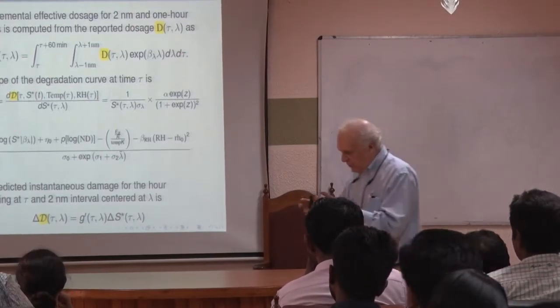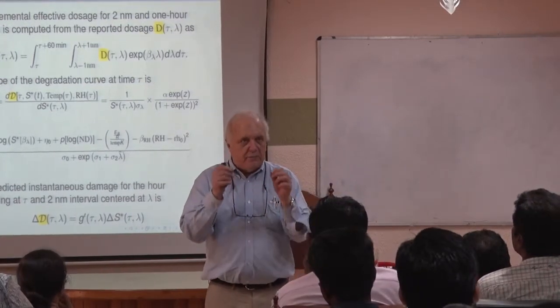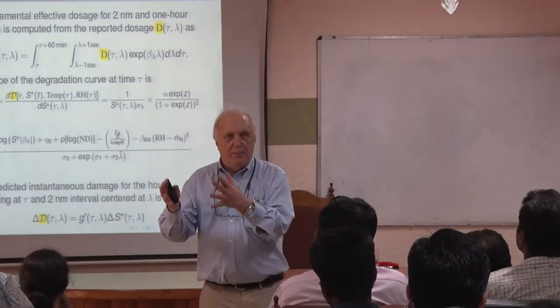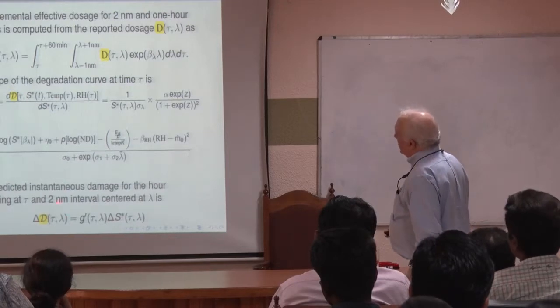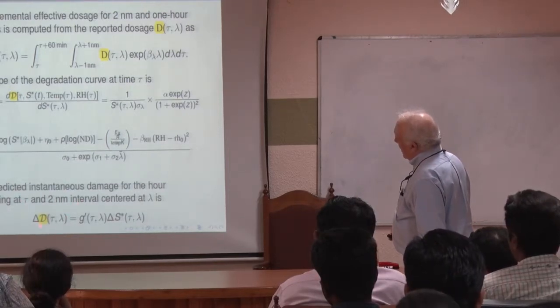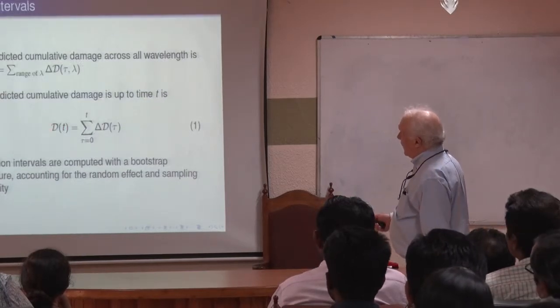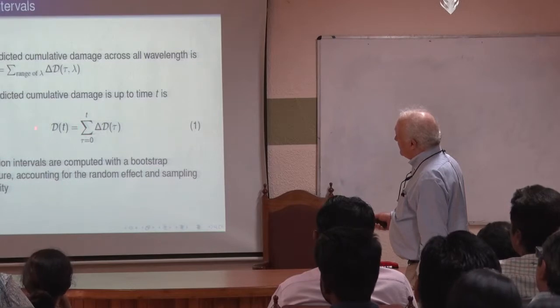And then for each of those discrete parts, the 2 nanometers each hour, we get a predicted amount of damage. And then we just integrate those up over time. And we get then how much damage for that interval, and then we sum those up. And that gives us the prediction for the damage.